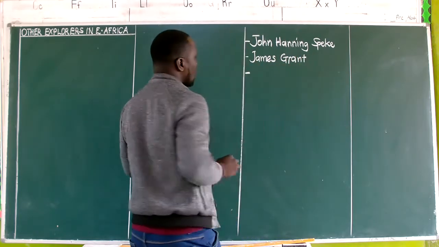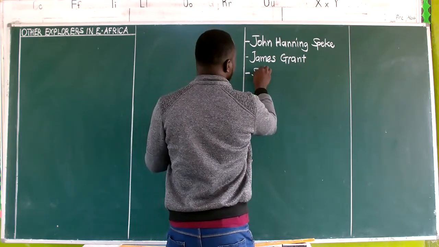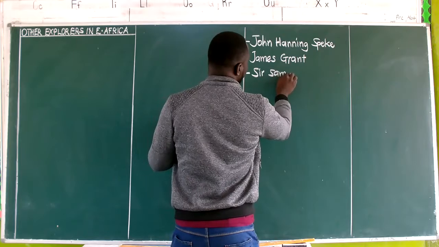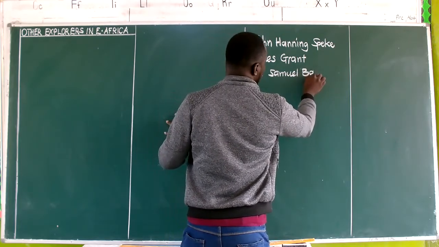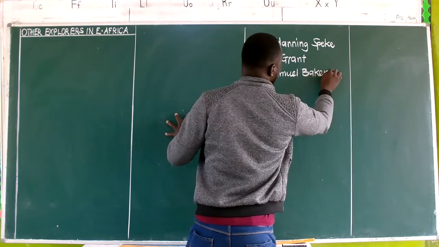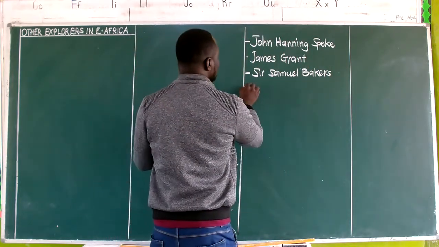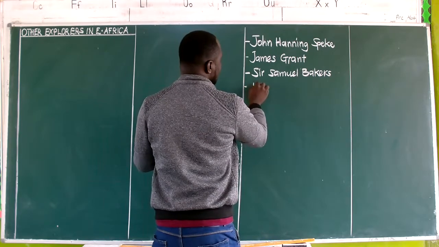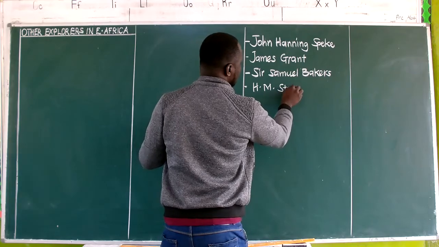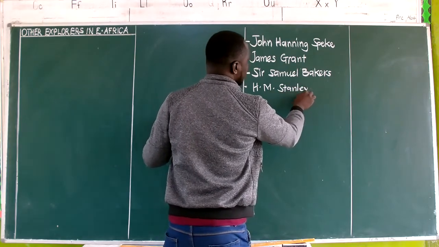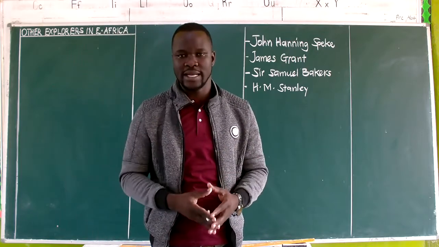And then we also talked about Sir Samuel Baker, or the Bakers, and we say this is the one who came with a wife. And then we also talked about Henry Morton Stanley, H.M. Stanley. So these are the ones that we said entered Uganda.